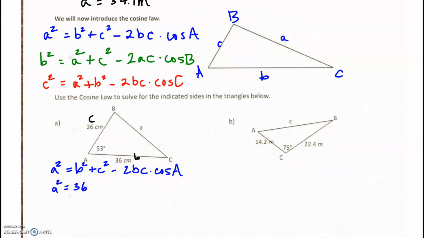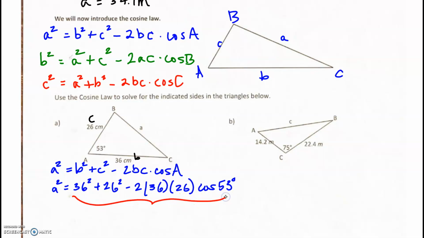B is 36 squared. Plus c value is 26 squared minus 2 times 36 times 26 times cos A, and cos is 53 degrees. Now there's lots of ways to do this in your calculator. You could do it all at once and get an answer.